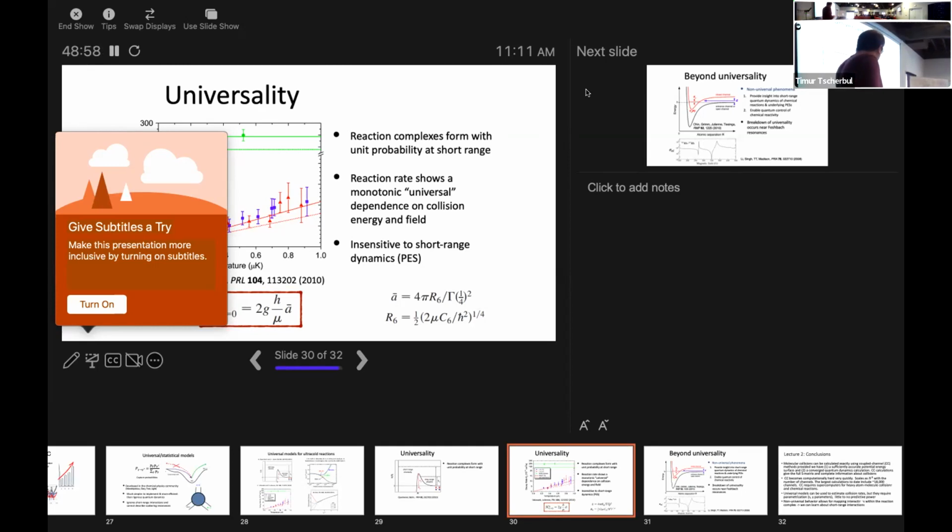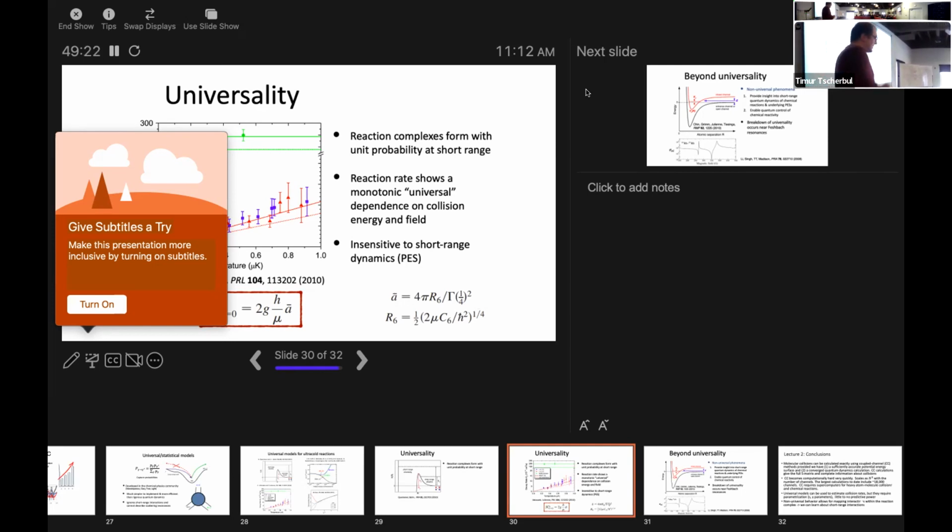However, I should mention that these kinds of results, and it's known in the chemical physics community, do not necessarily rely on the formation of a long-range or short-range complex. The same behavior can be reached in different ways. What this really relies on is the so-called random phase approximation.